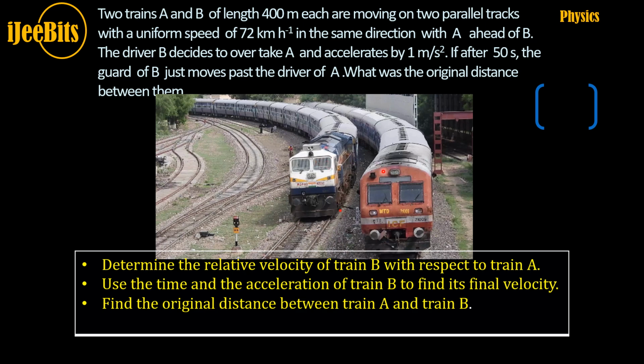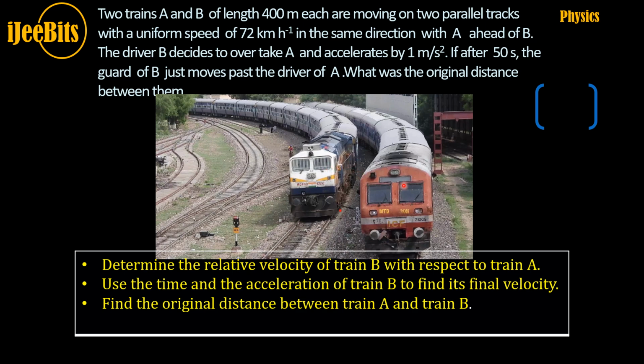Look at the picture. There are two trains on parallel tracks. Their uniform speed is 72 km per hour. They are in the same direction, but A is ahead of B. Sometime later, B decides to overtake A and accelerates by 1 meter per second square.